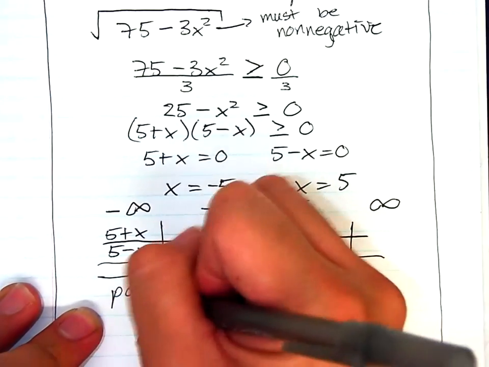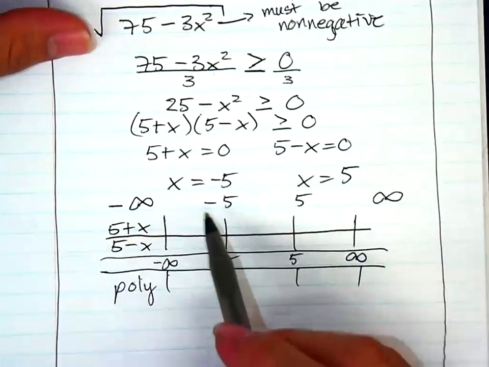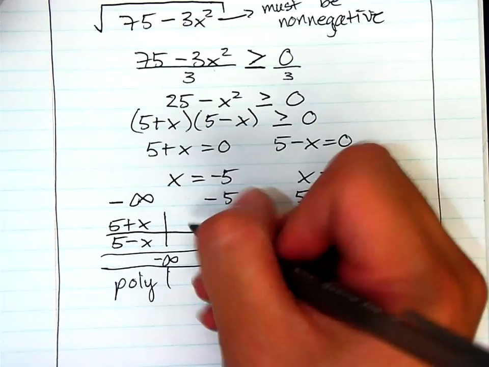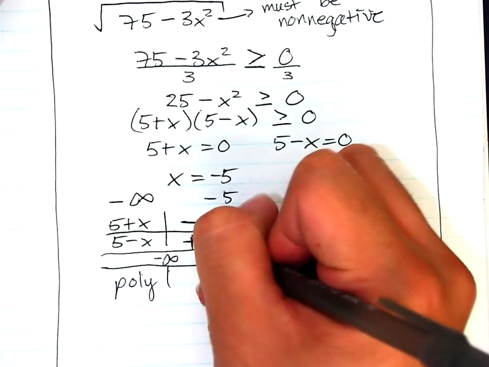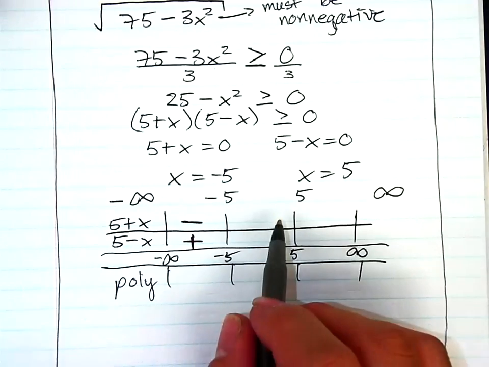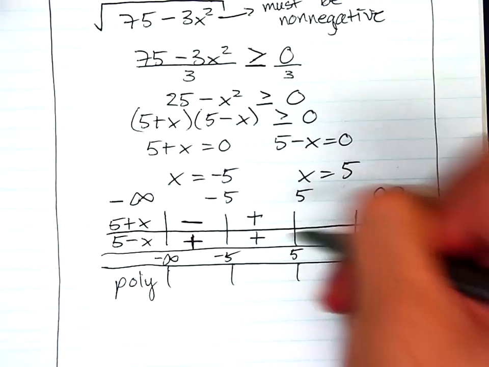So here we have our polynomial. And now I'm going to go ahead and test some points out. So if I plug in a very negative number, so like negative 10, this will be negative. This one becomes positive. Here, I'm plugging in something between negative 5 and 5, so I'll go ahead and choose 0. These two stay positive.